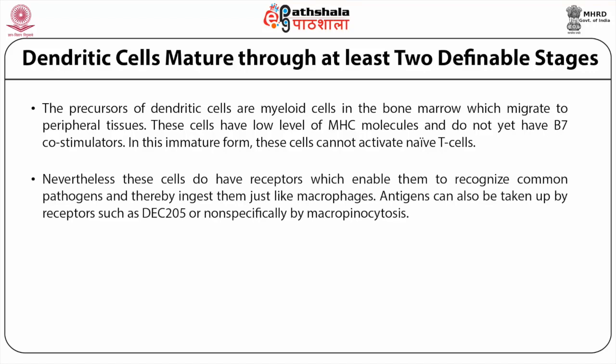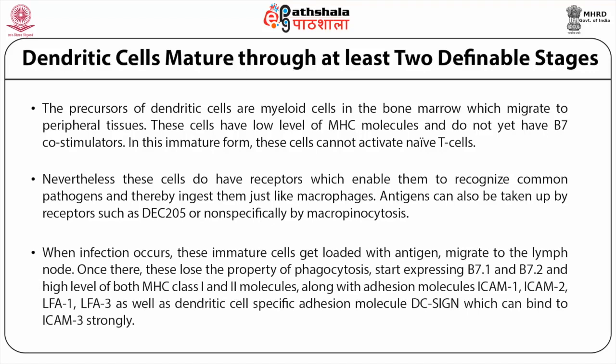Nevertheless, these cells do have receptors which enable them to recognize common pathogens and thereby ingest them just like macrophages. Antigens can also be taken up by receptors such as DEC205 or non-specifically by macropinocytosis. When infection occurs, these immature cells get loaded with antigen and migrate to the lymph node.